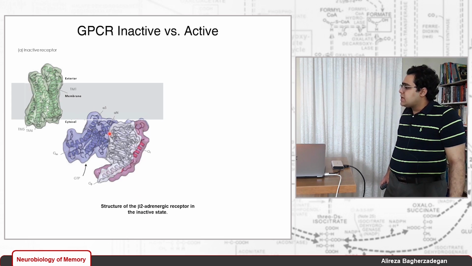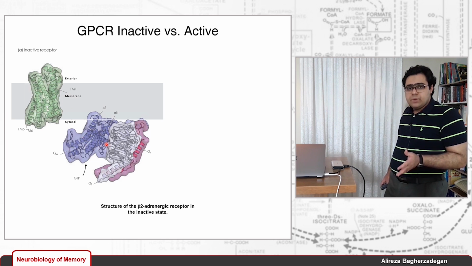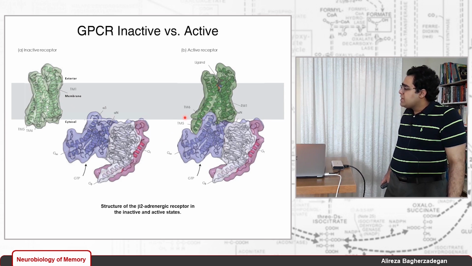And this is the G protein, the trimeric G protein, which is coupled with this receptor. And since the receptor is not activated, the heterotrimeric G protein is not activated as well. But now we have a ligand. This is an active receptor. We have a ligand here bound to it.